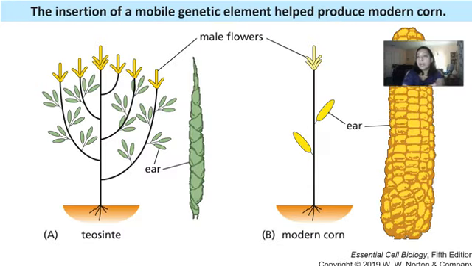So we'll learn a lot more about this in the next chapter when we talk about how transposition happens. It's also something we've talked about already in the genetics lectures, and I'll link that at the end as well.